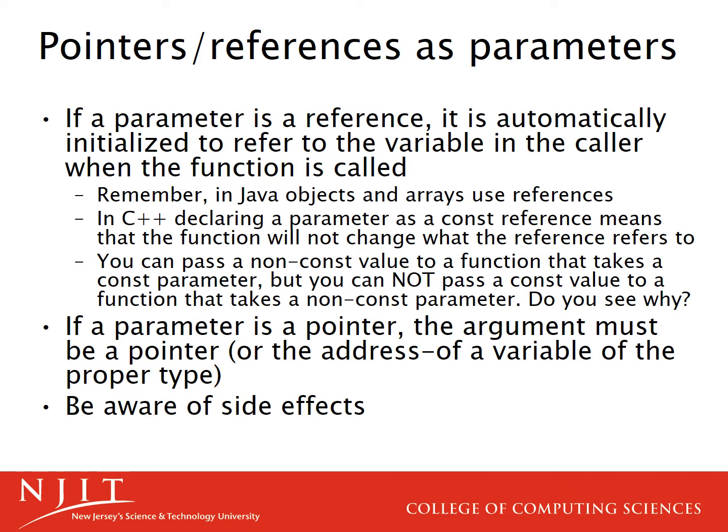But it does make it possible that there might be side effects, that your function might dereference the pointer or the reference and make a change to a variable and do something to some other variable in the program other than what gets returned by the function.